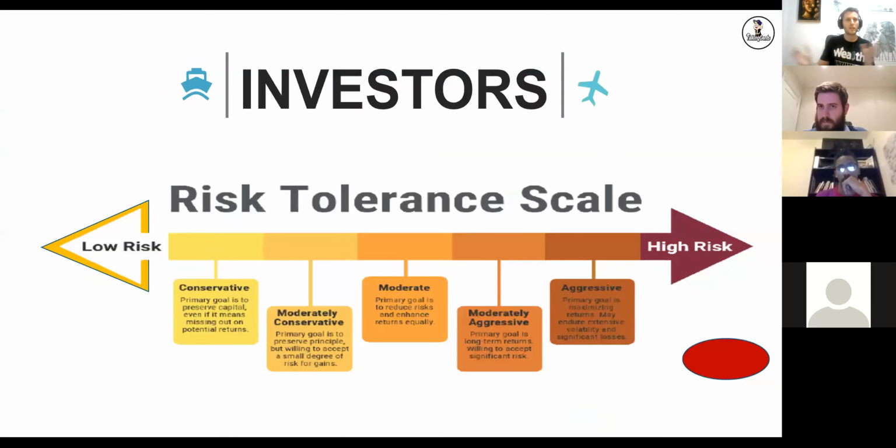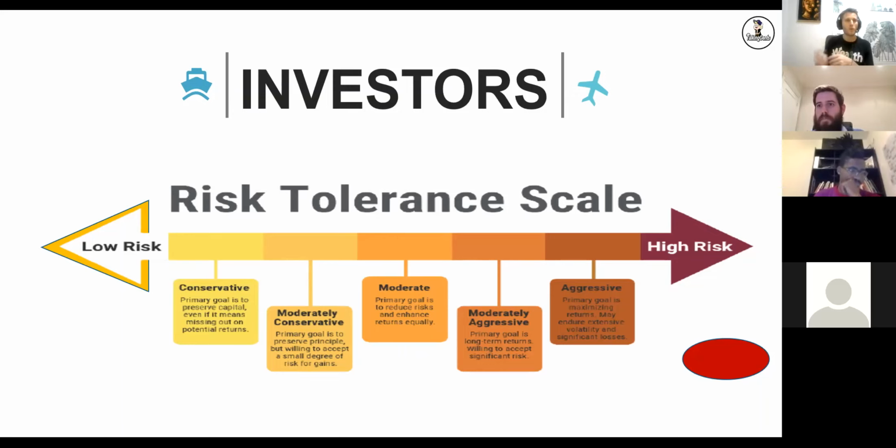If you look at the scale that I'm showing you here, it's the risk tolerance scale. So you are going to be either more inclined to the one side or more to the other side. But you can find yourself in between this risk tolerance scale at different times of your life. All right, so if you go for more risk, your intention is to get more reward.